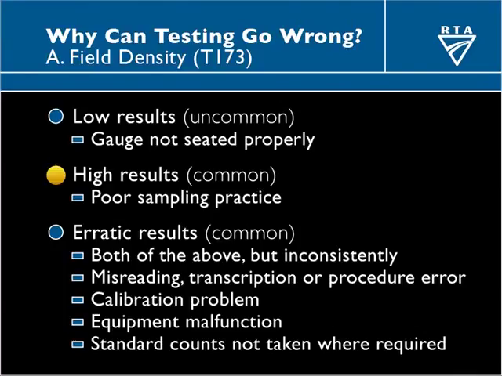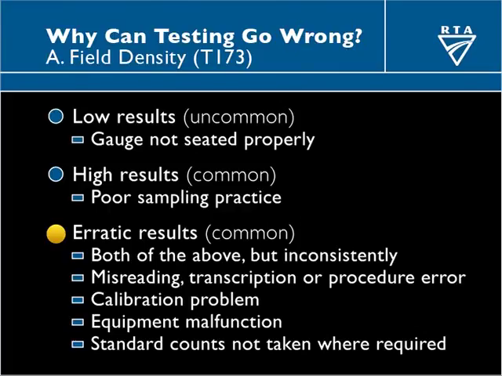The most common thing is for people to take samples only out of the top part of the layer, particularly if it's had a water cart over it recently, so that the moisture content appears much higher than it really is for the whole layer. Where you get erratic results, which unfortunately is also common, it can be either of the above, but not consistently.